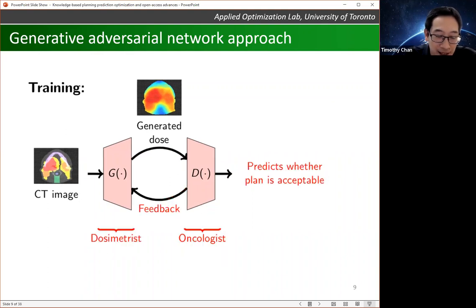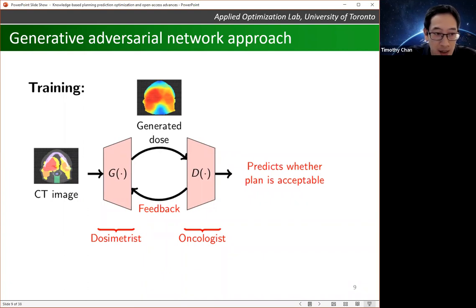And the interesting analogy here is that it actually replicates the traditional approach to creating a plan, right? We'd have someone design a plan, show it to the oncologist, they would give feedback, and then they would revise. So this pair of neural networks is basically doing this process. Finally, when we find the performance sufficient, we have the ability to produce realistic looking dose distributions.